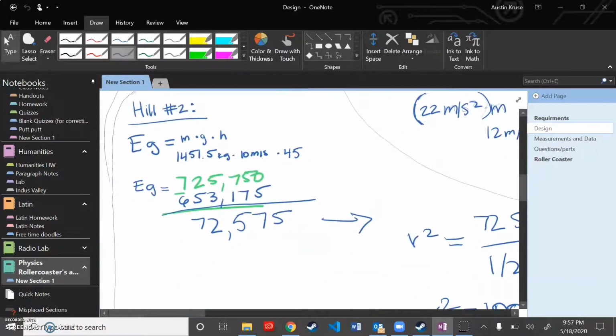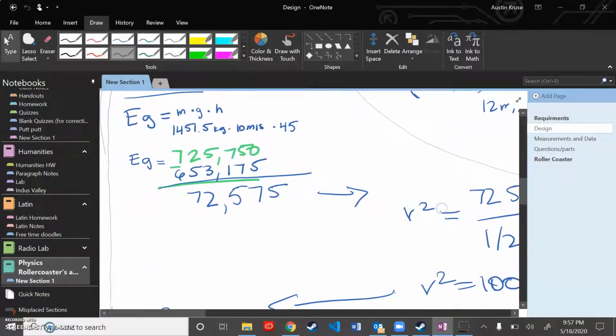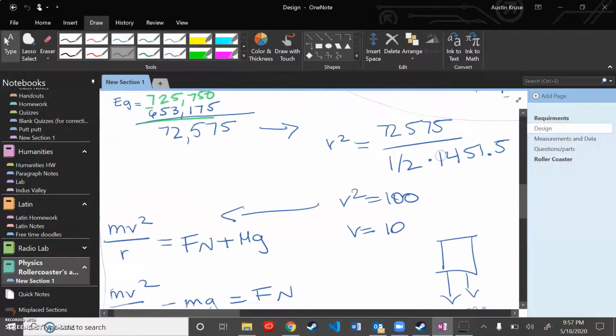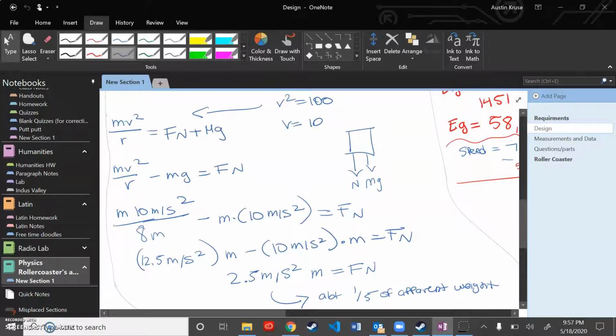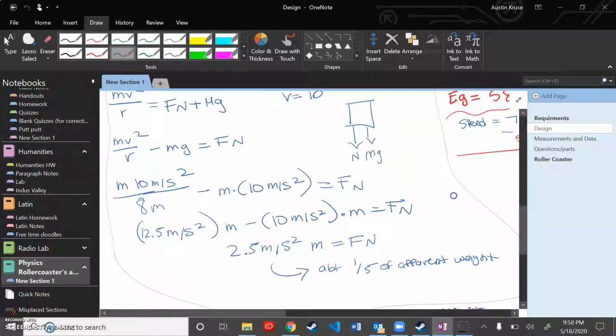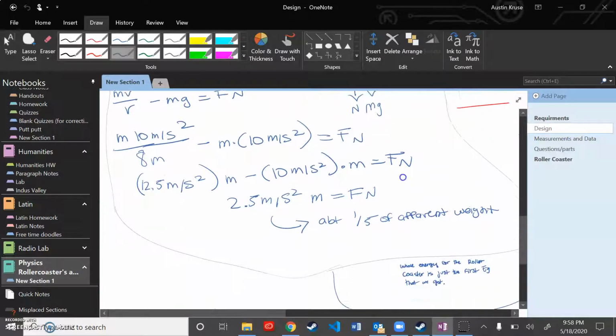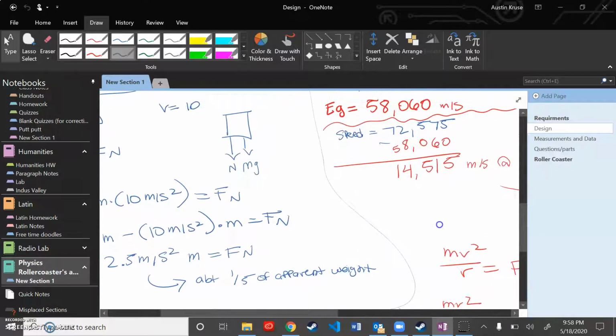Figured out our GPE again, our kinetic energy again, same process as hill 1. Keep going, doing the same thing over and over. Found our net force and its apparent weight to make sure our riders don't die of G-forces.